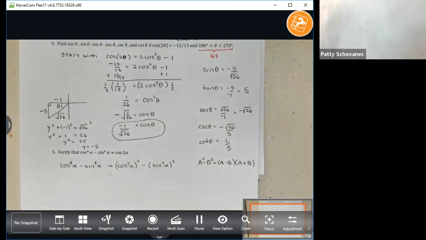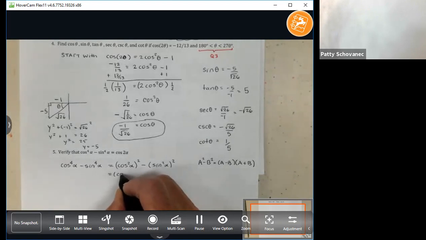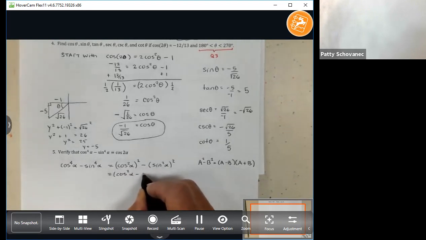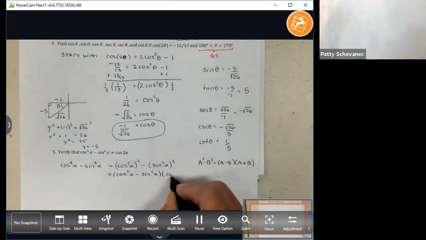And so ours will factor as cosine squared of alpha minus sine squared of alpha times cosine squared of alpha plus sine squared of alpha. Cosine squared alpha minus sine squared of alpha, cosine squared of alpha plus sine squared of alpha.